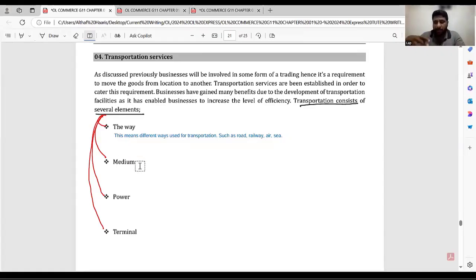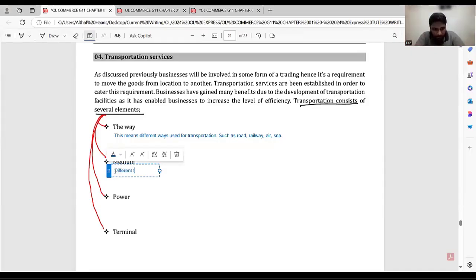Medium means, people, the fleet that we are actually using, the type of vehicle that we are using to transport. Write it, people.